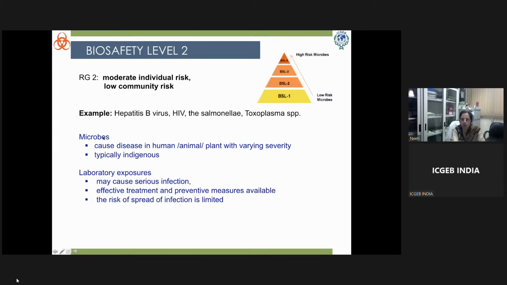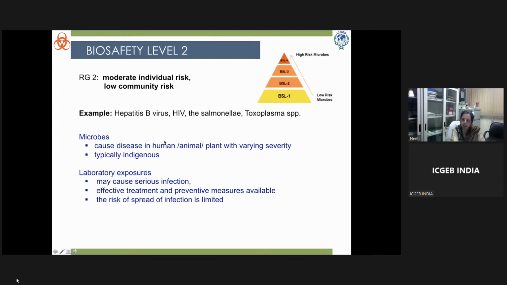And these would include the microbes that can cause a disease in any kind of organism. They are typically indigenous and normally have a moderate or a low level of spread within the community. If any accidental laboratory exposure happens, they can cause serious infection, but effective treatment or preventive measures are available to handle these exposures, and as I said, the risk of spread of infection is limited.